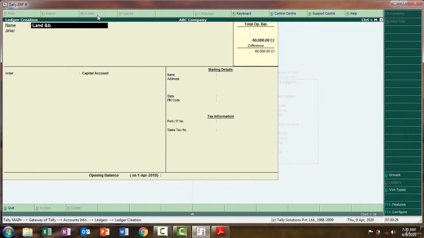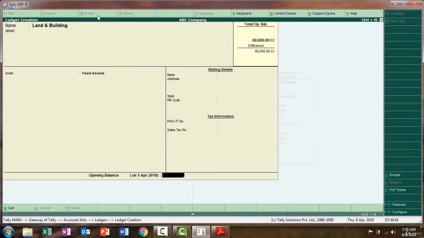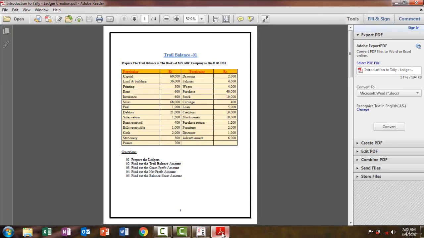It comes under fixed assets. If you type fixed, it will show the group Fixed Assets. I select it, then the amount is 36,000, debit, yes.